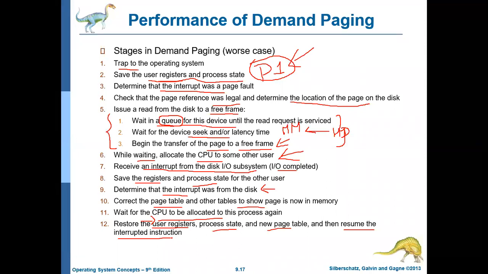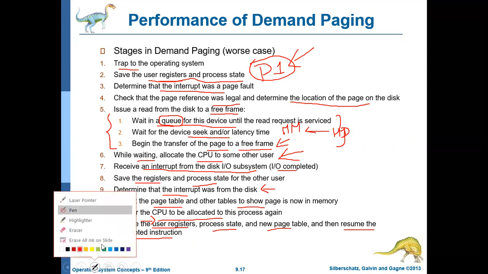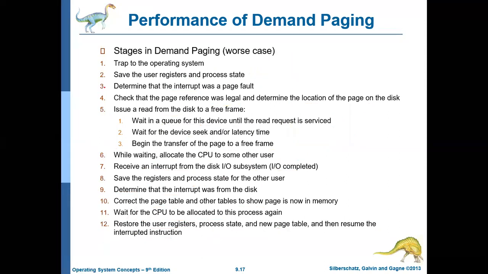The instruction to access a particular page that created the page fault. Now restart that instruction, because that page has now been moved into the main memory. So resume that interrupted instruction and continue. So this many steps are involved in detail, in the worst case, when there is a page fault. Now let us try to analyze the performance of demand paging.